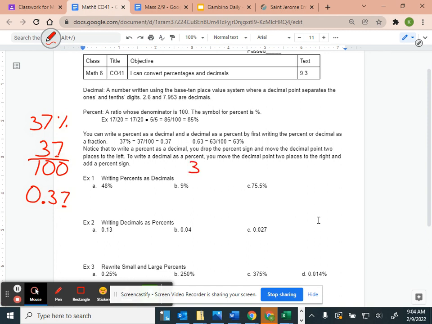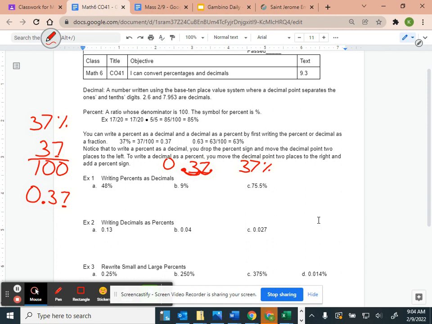So with that 37%, we can drop the percent sign and move that decimal point 2 places to the left. So the reverse, if we have a decimal of 0.37, 37 hundredths, we're going to move that decimal point 2 places to the right and add that percent sign back on.